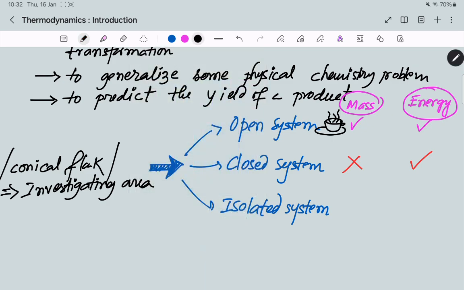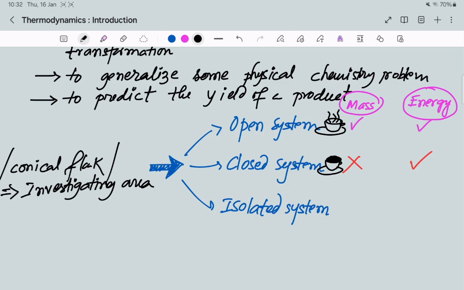For example, that cup of tea when it is covered. As you know, the water vapor can't pass, so it is not exchanging any mass, but it is exchanging energy. So it is one type of closed system.